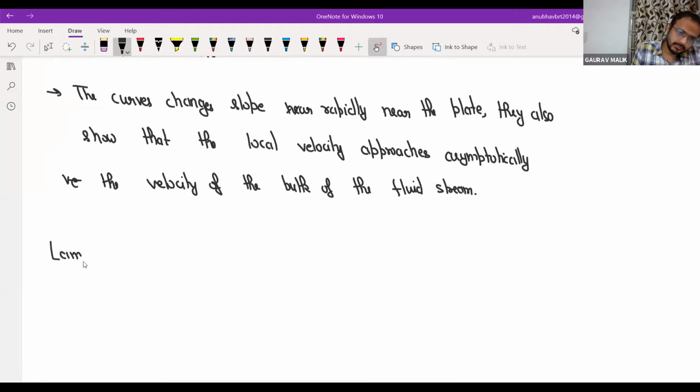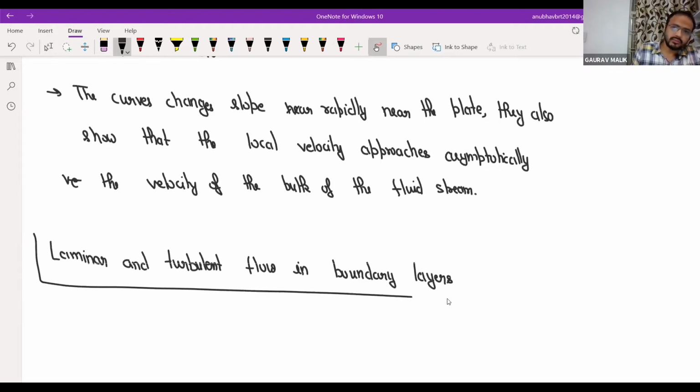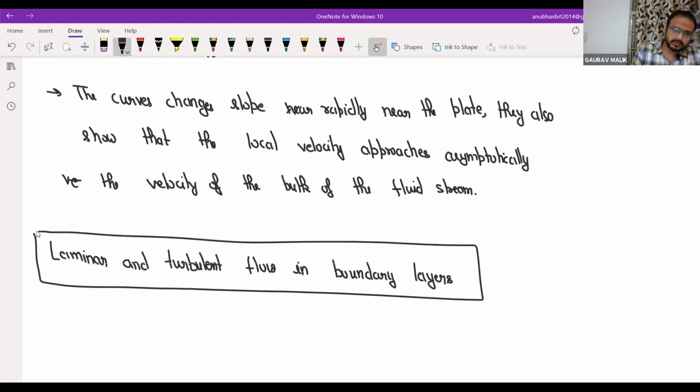Laminar and turbulent flow in boundary layers.